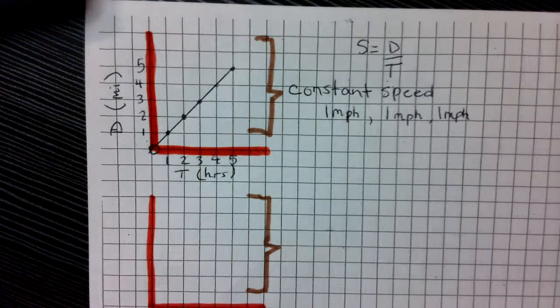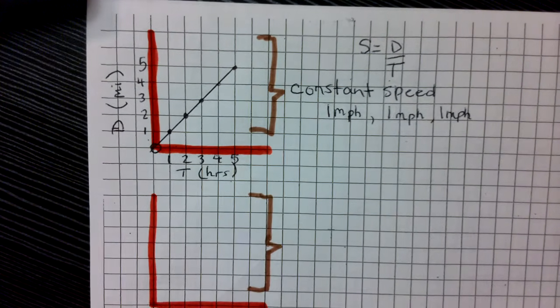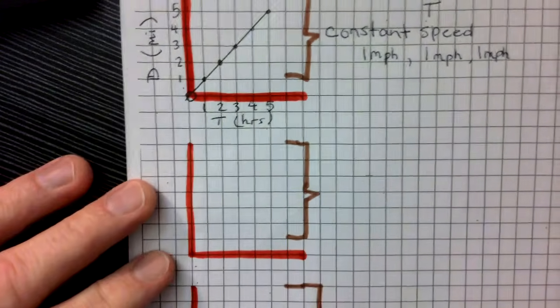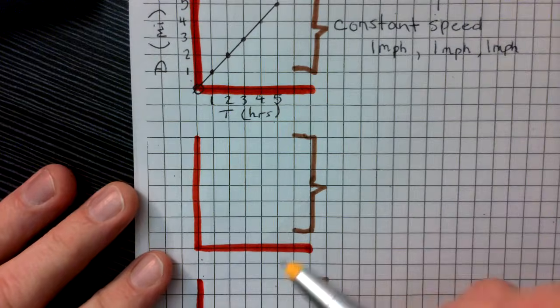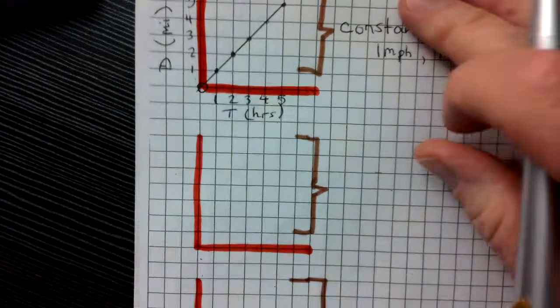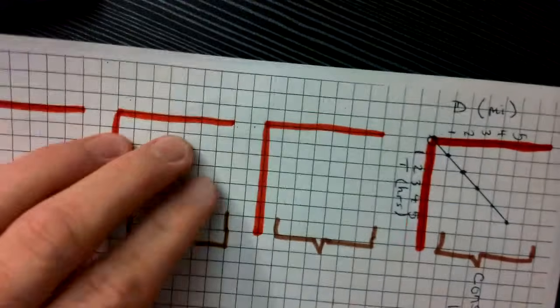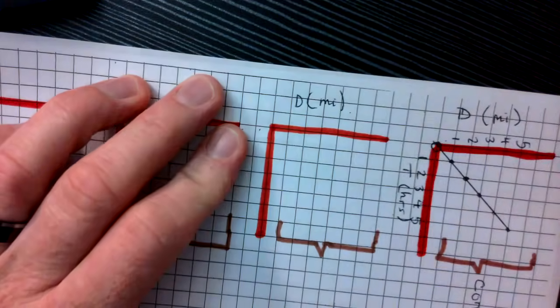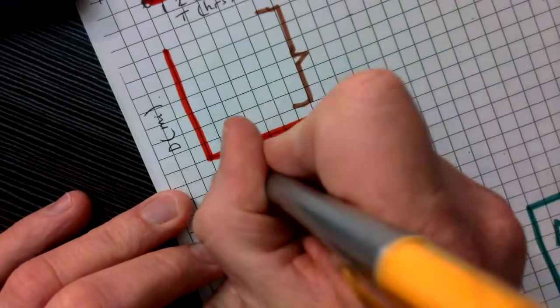Now, the next thing I want to show you is that a horizontal line means that the object is not moving. And the reason why I left these blanks is because I wanted you to get to practice actually labeling a distance versus time graph. So same thing, distance in miles, time in hours.